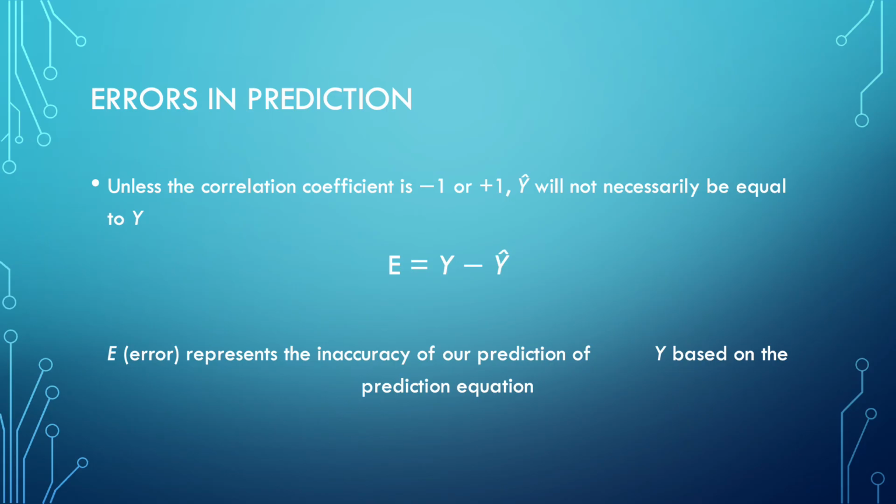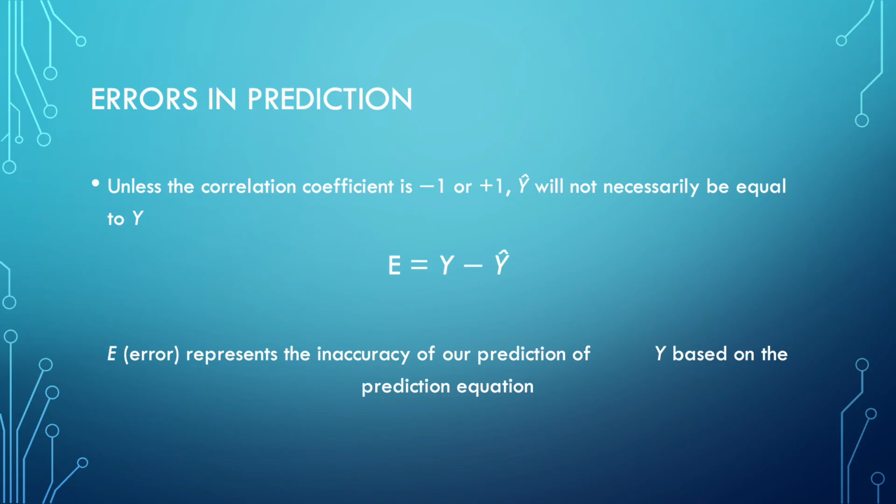Your y hat will not necessarily be equal to your y unless your correlation coefficient is -1 or +1. So in order to calculate our error, or our E, we take our y minus our y hat. Our y is what we got, and our y hat is what was expected.